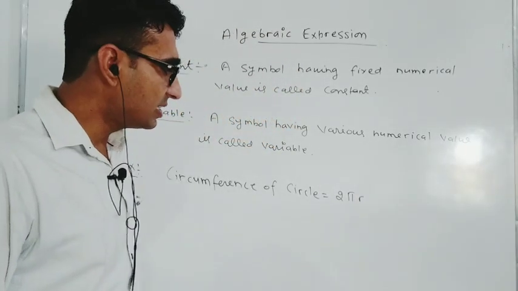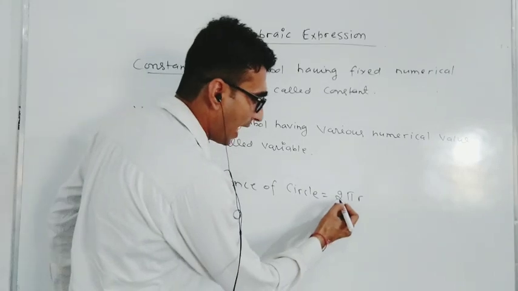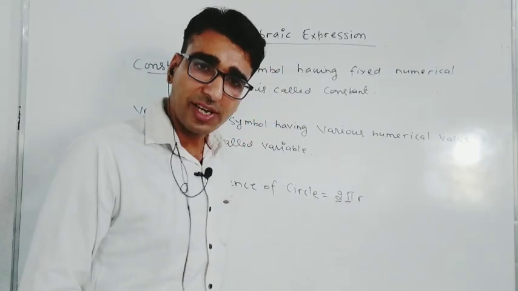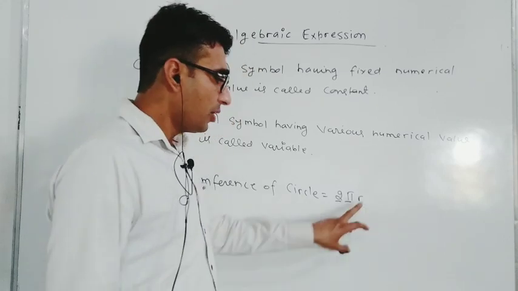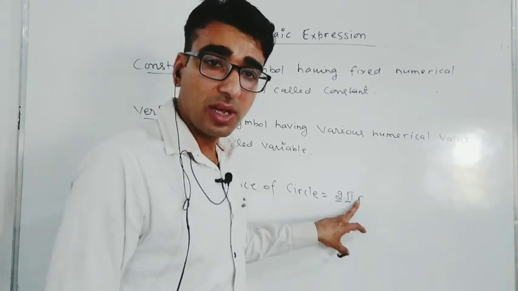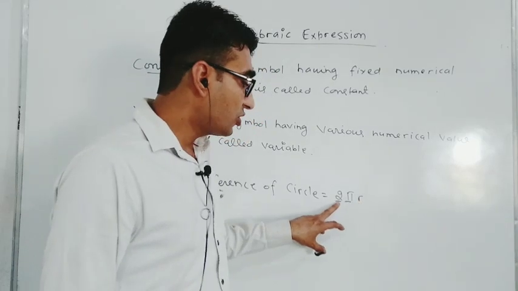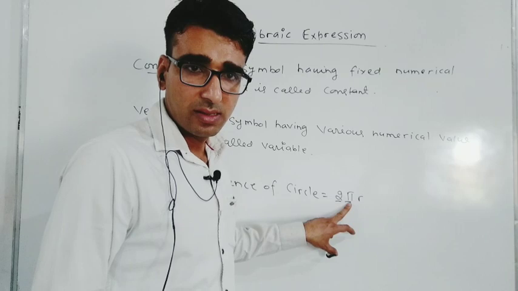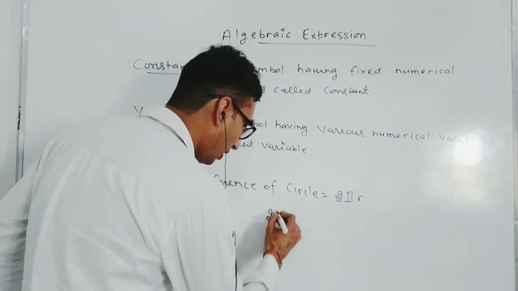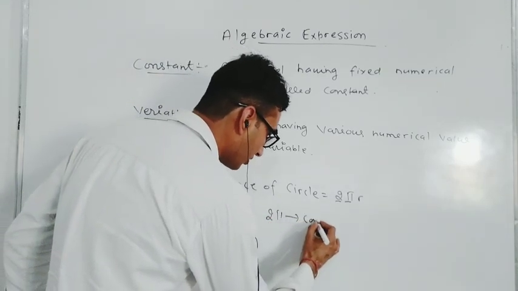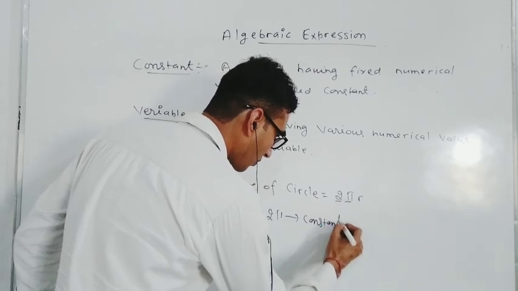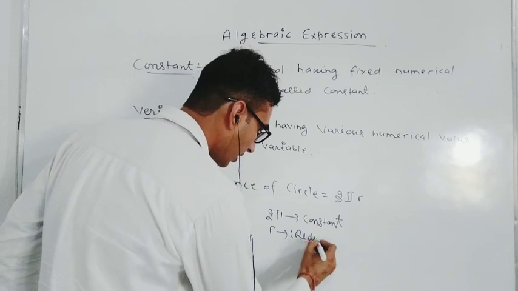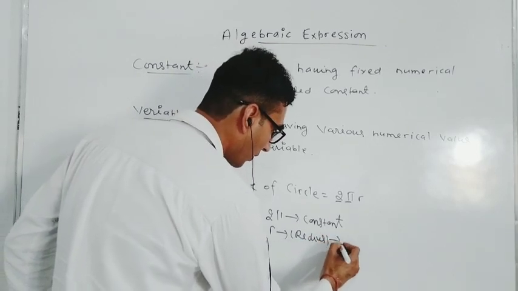Here again what we will see, the value of 2 and pi is constant, because every time you can change the radius of the circle, but you cannot change the value of 2 and you cannot change the value of pi. So here 2 pi is a constant, whereas r, radius, is a variable.